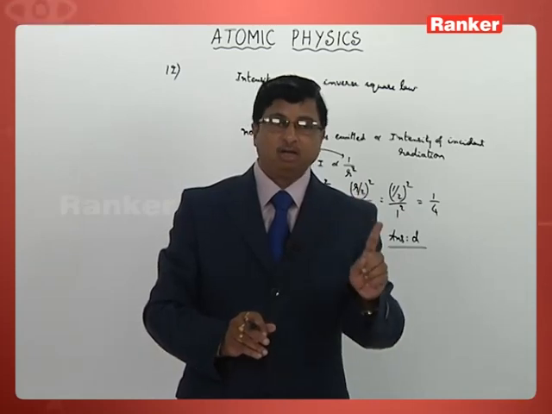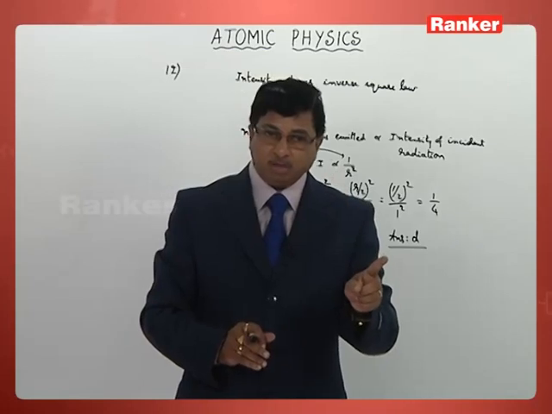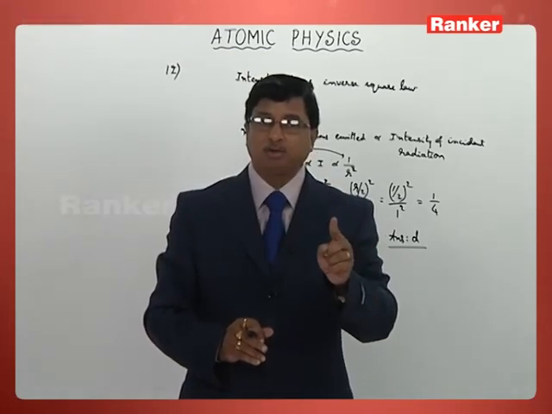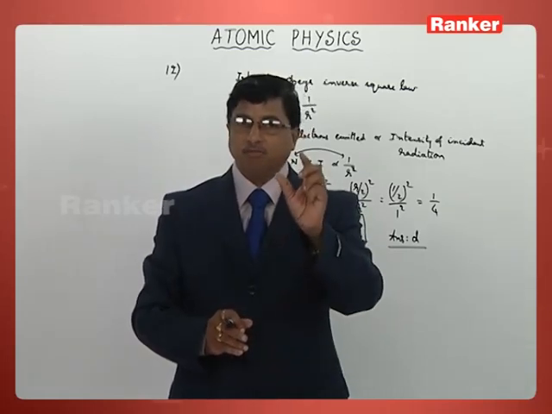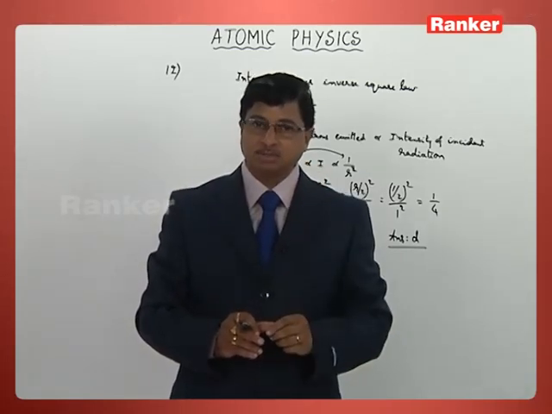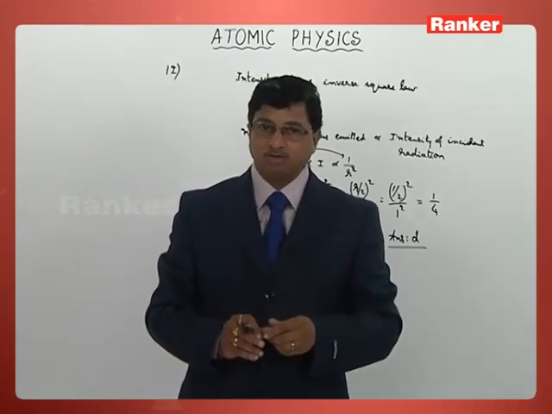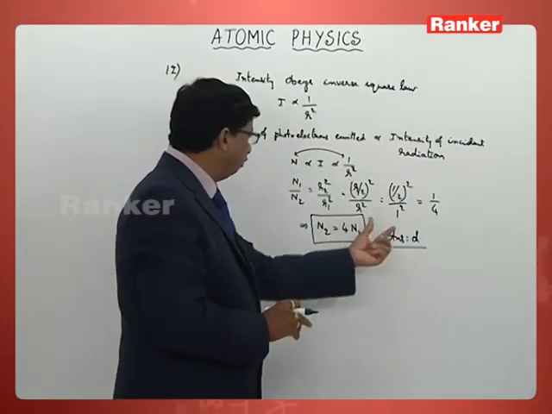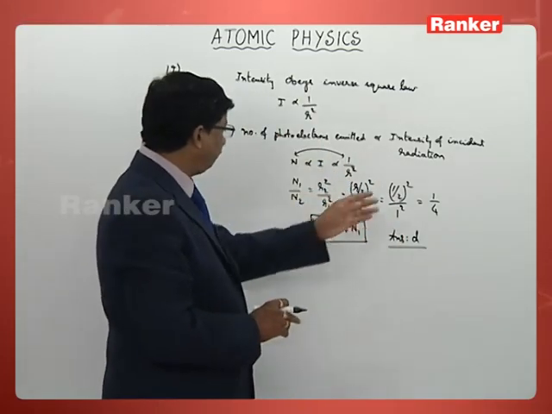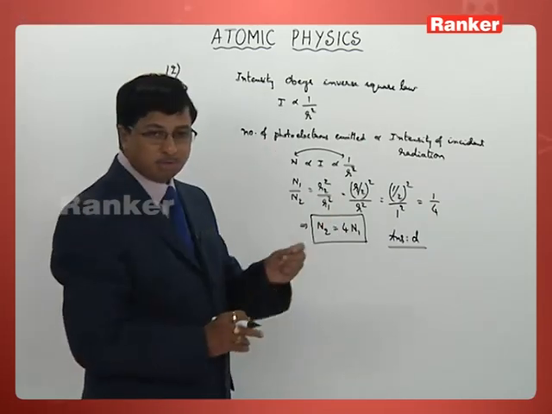The number of photoelectrons is proportional to intensity. The energy of emitted photoelectrons is directly proportional to the frequency of incident radiation. These two are very important concepts, which you might have read as laws of photoelectric emission. Out of them, I am taking up the first one to solve this problem. The correct answer for this problem is D. That is the case of problem number 12.